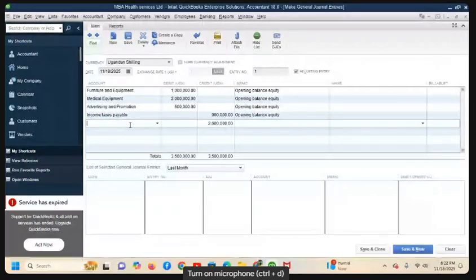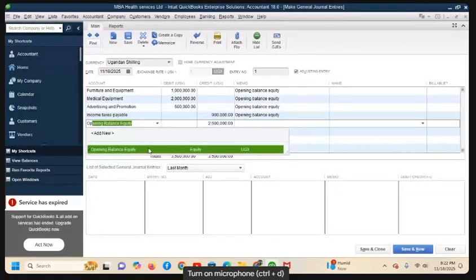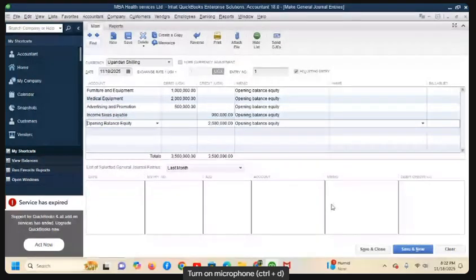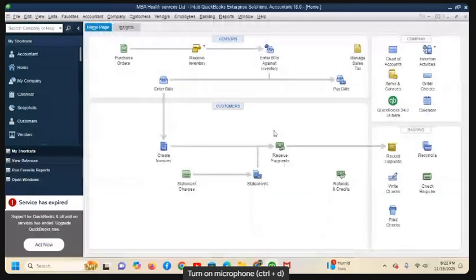So I can leave this figure in the opening balance equity, so that we can see how to enter opening balances. I can save and close. If I want to leave this page, I can save and close. It saves.